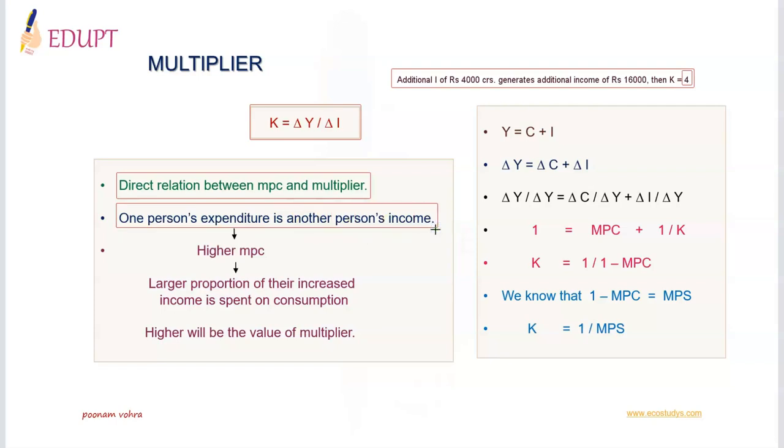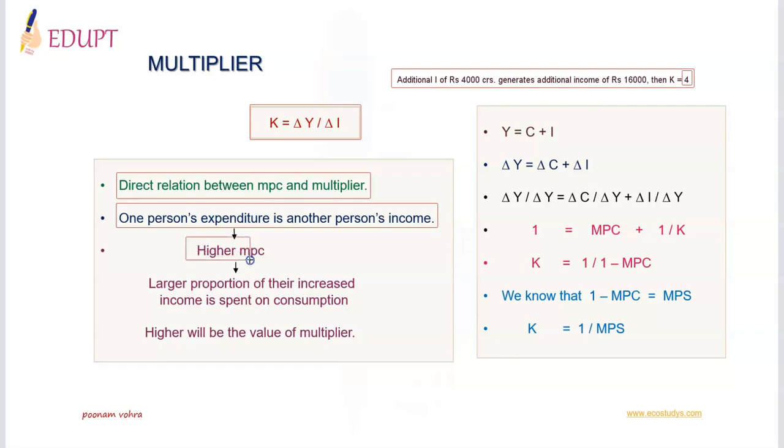When investment is increased, it also increases income of the people. People spend a part of increased income on consumption. However, the amount of increased income spent on consumption depends upon marginal propensity to consume.